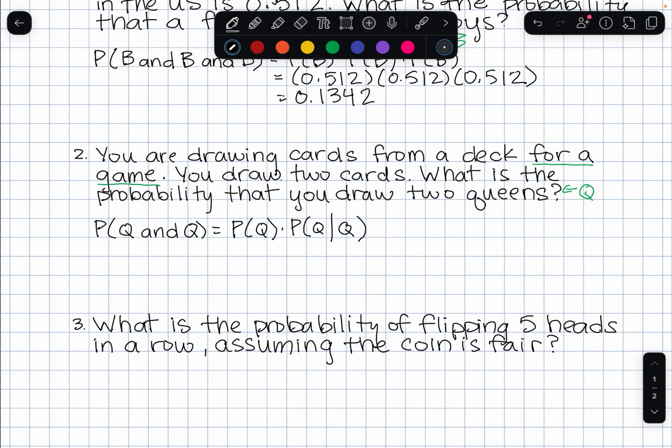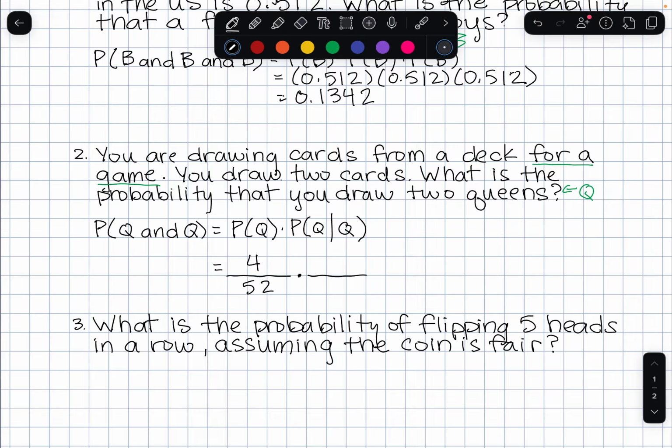So let's go ahead and take a look at what that looks like. I'm going to have fractions here. For that first queen, it's a fresh deck of 52 cards, and there are 4 queens in the deck. So the probability of getting a queen on my first draw is 4 out of 52. When we go to do our second draw, I have removed a card from the deck.